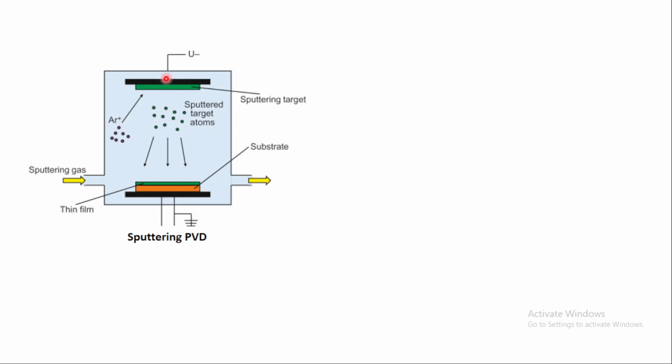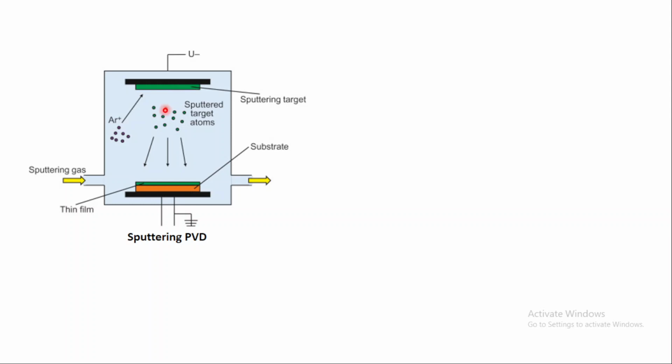Here we see black and green. This is the sputtering target. Sputtering target means this is the material which we want to coat, or this is the nanomaterial. We want this as a coating on our substrate. So the orange colored substance is a substrate. This will have a thin layer film of this green material.